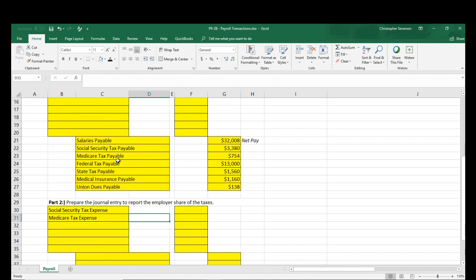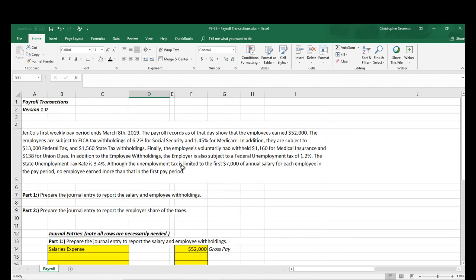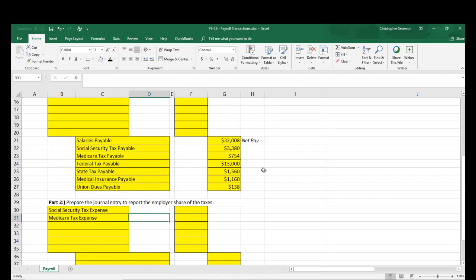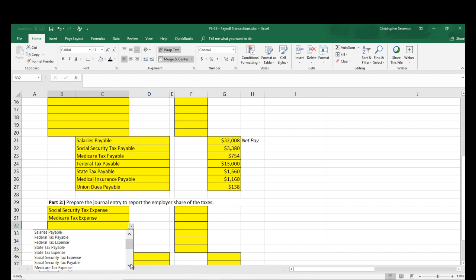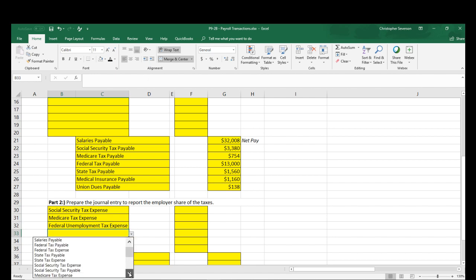So we have these expenses, and then we have the unemployment tax expense as well. So 1.2% for federal unemployment tax. Again, it's an expense. There's also a state unemployment tax. We'll grab that.